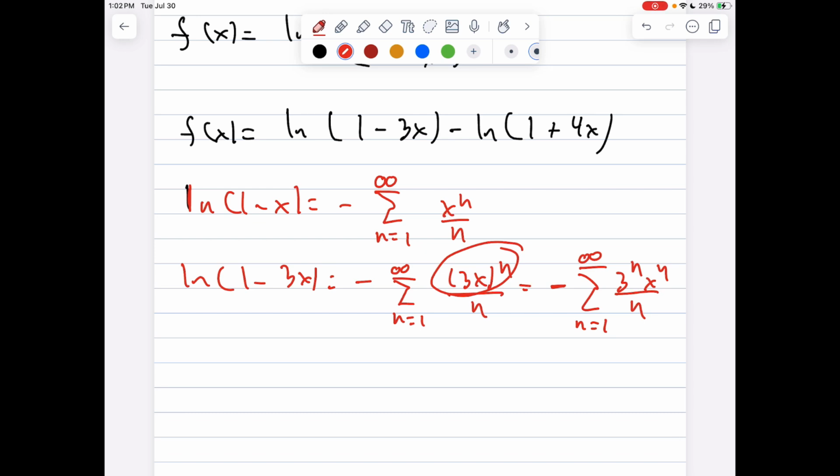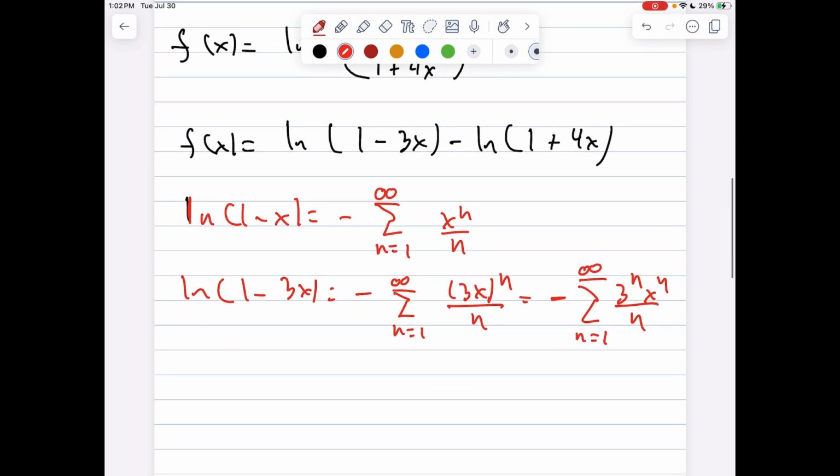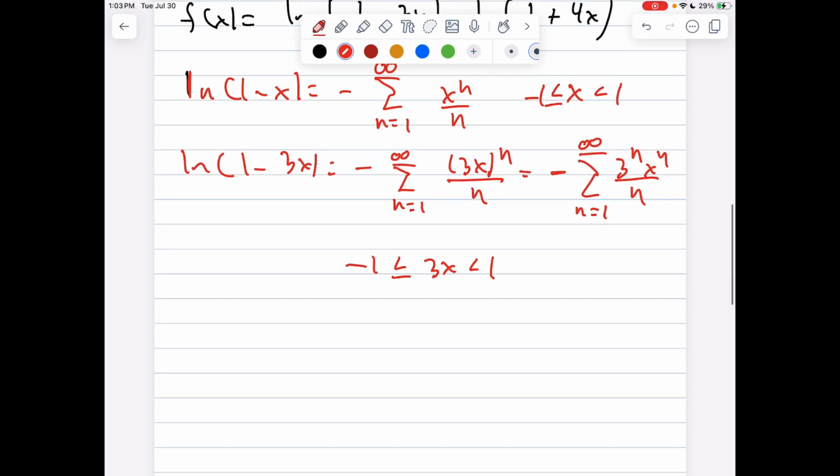Now, the thing that does change, or could change, and in this case it will, is the interval of convergence. Originally, this was valid from minus 1 to 1. Our series, similarly, will have an interval of convergence that does include the left-hand point and is not inclusive of the right-hand point.